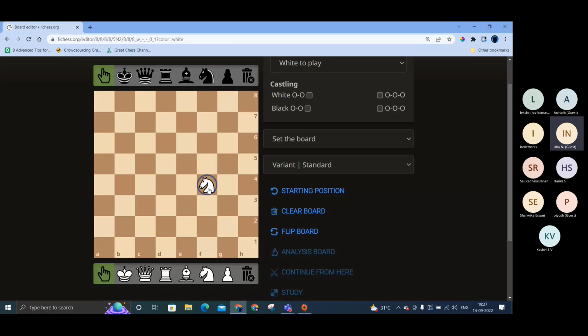Name. Which is the landing square for this knight? It is in F4. It is controlling F5. Then the knight is in F4. What is the landing square for the knight?